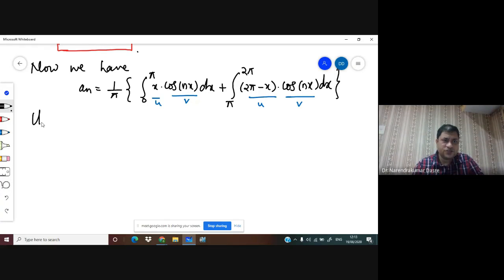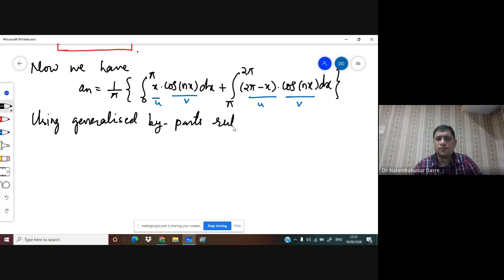Now using generalized by parts, we get an is equal to 1 upon pi.